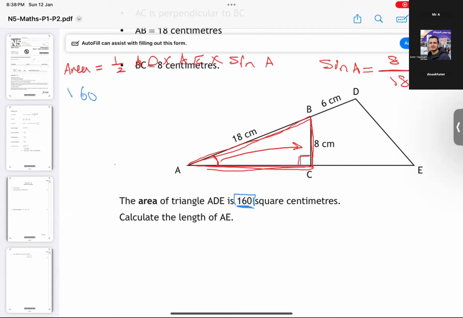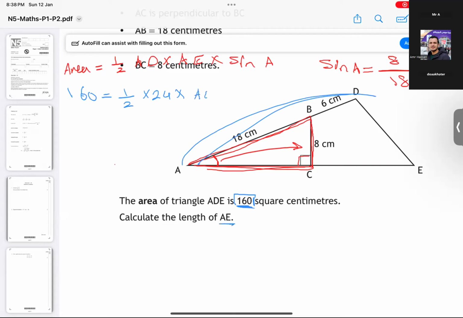Let me write 160, which equals half times 80. What is 80? I mean the entire side. It's going to be the sum of 24 multiplied by AE. I don't have it. I need to get it.